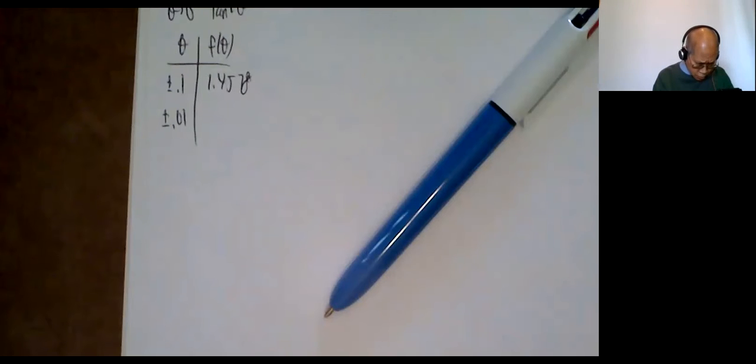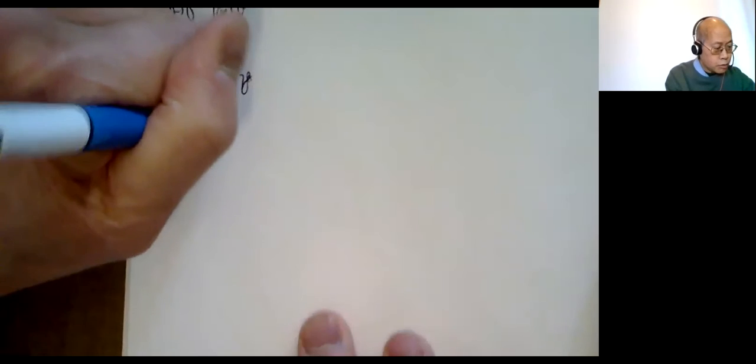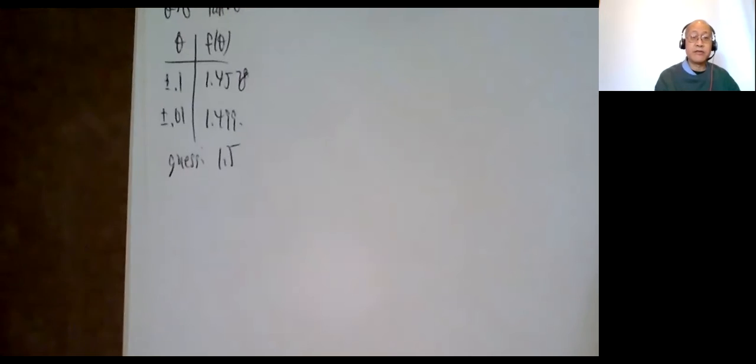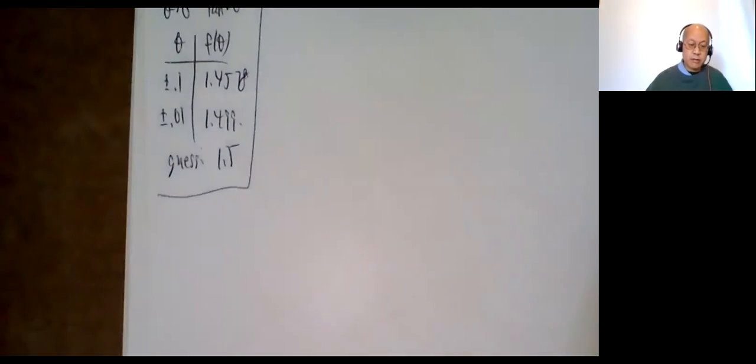And then sine of 0.03 divided by tangent of 0.02 gives 1.499. Okay, so our guess would be maybe 1.5. That's as much as I want to do on that one.